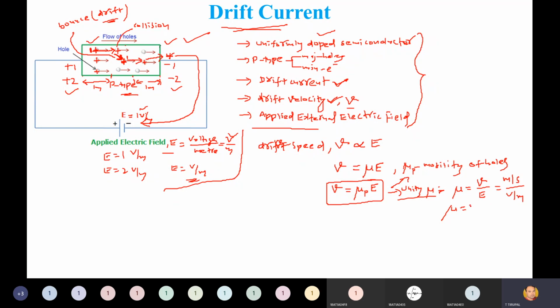So meter per second into meter per volt, which is meter square by volt second.